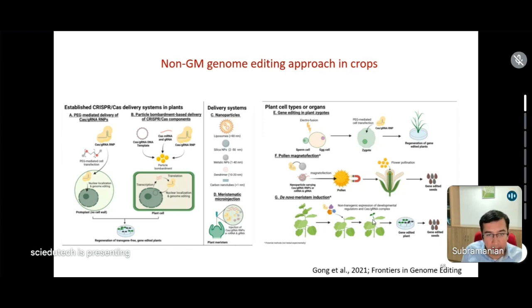You can also use a de novo meristem induction system, where you use the CRISPR-Cas system in the meristematic region of the plant. Meristem is the region of rapidly dividing cells in a plant, right? You can use that to grow these plants and get the seeds out of that. Next slide, please.